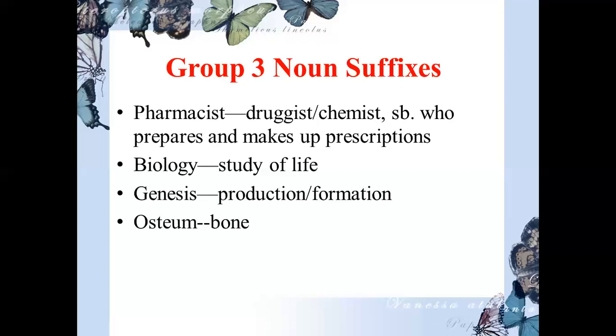So we know synthesis means a condition of surgical puncture. Next word is genesis. Genesis just means production or formation of a certain state. And usually it follows a combining form.